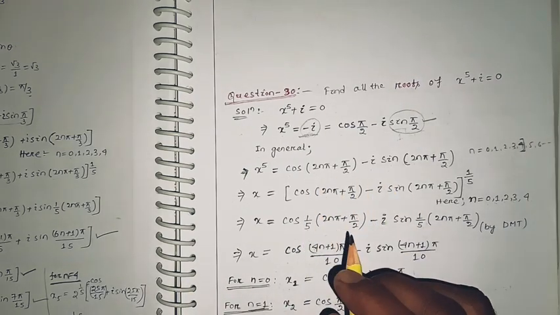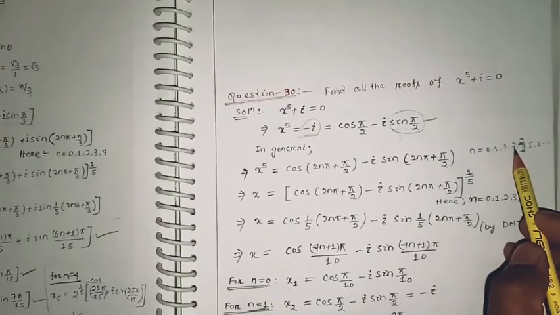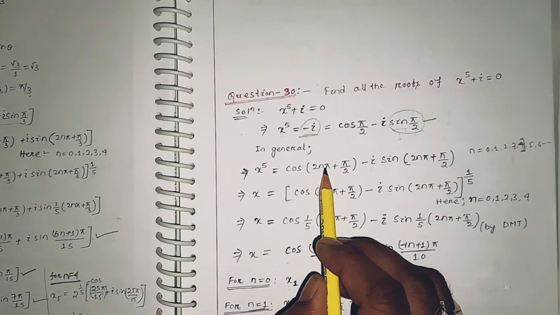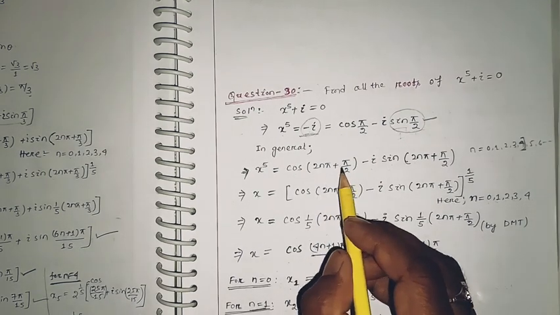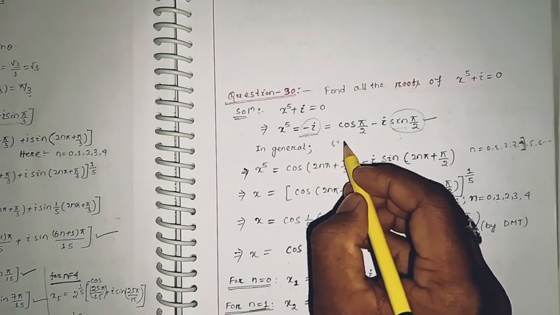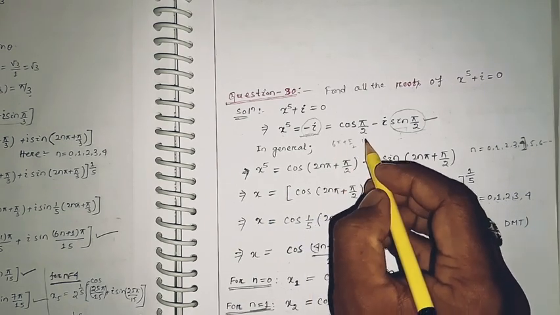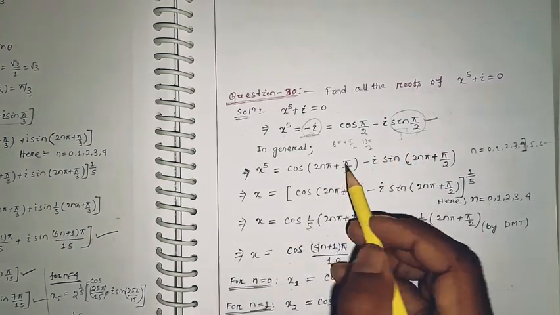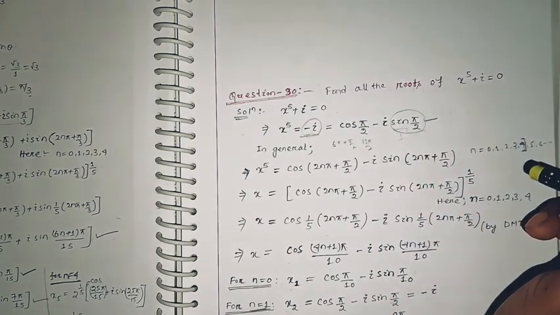Here you can see, if we consider n equal to 3, this will be 6 pi plus pi by 2, that means 13 pi by 2. Cos of any odd pi by 2, we know, is 0.